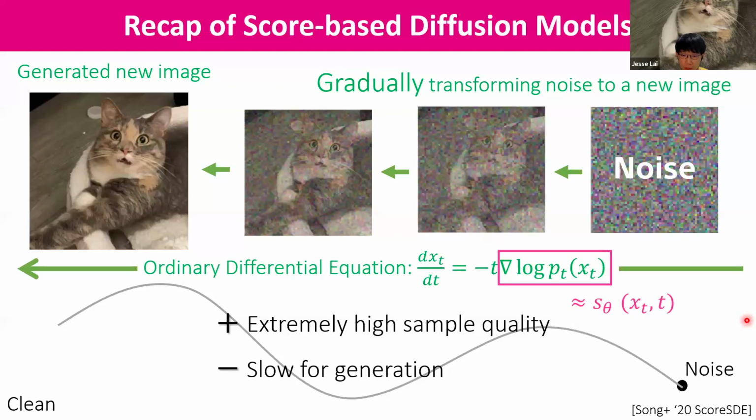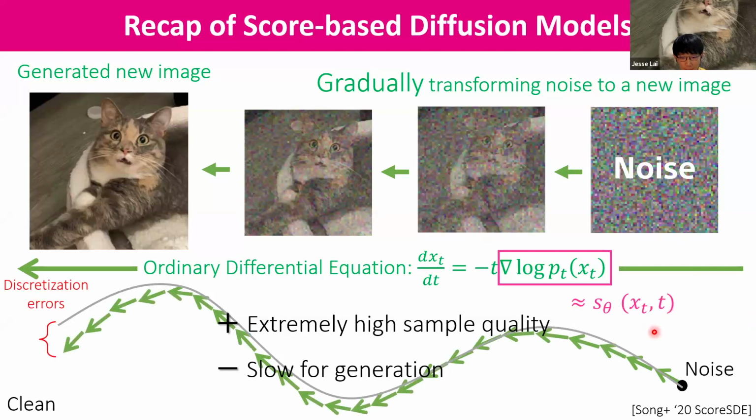And then we gradually use the slope information to approximate the solution trajectory, and move step by step to get to the clean image. Right. So no matter how small this time step movement is, we essentially will have discretization errors when we solve this ODE. And as you can see, we need to prepare a bunch of steps to do the generation. So it is very slow by design.